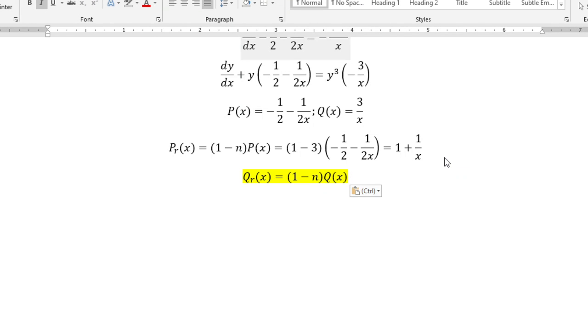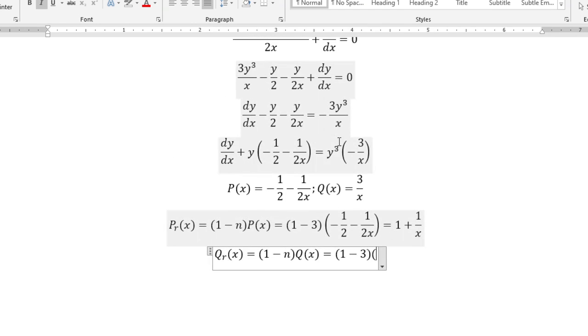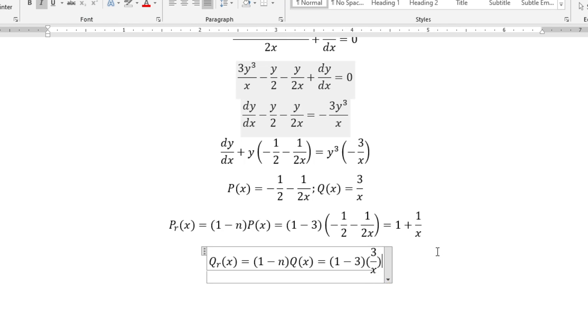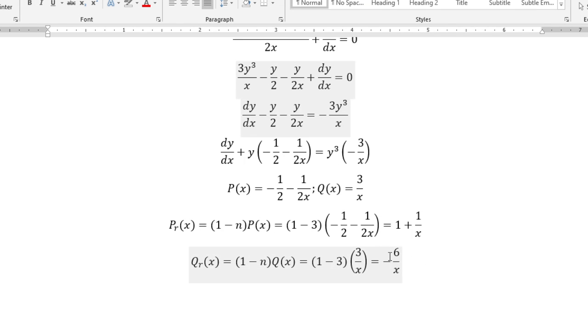Okay? So, kailangan natin ng Q R of x equal to parang ganun din, 1 minus 3 multiplied by ang q of x natin is 3 over x. So, negative 2 times 3 over x will be negative 6 over x. So, yun lang si Q R of x.